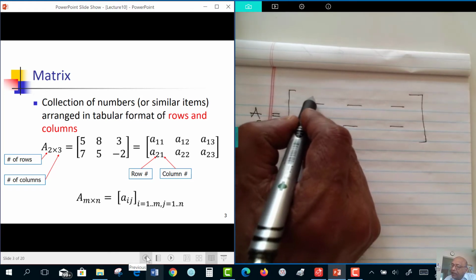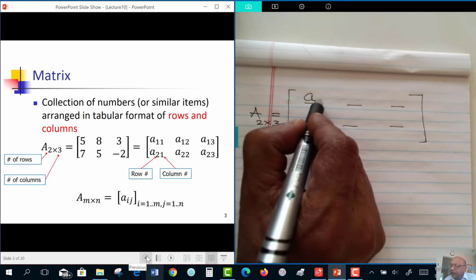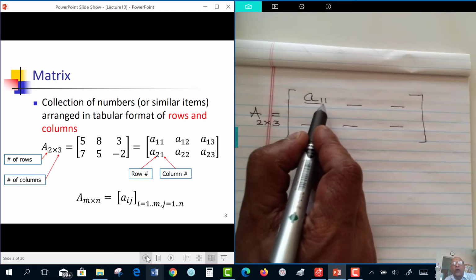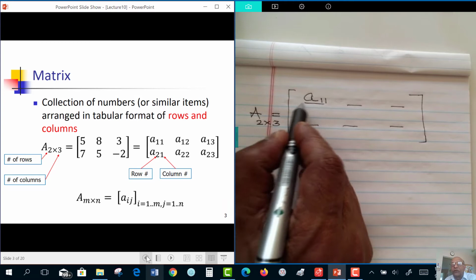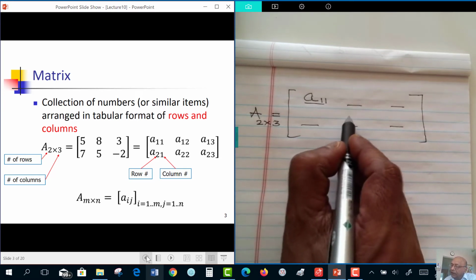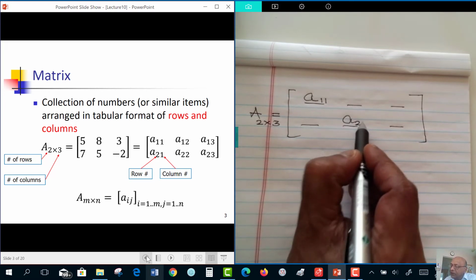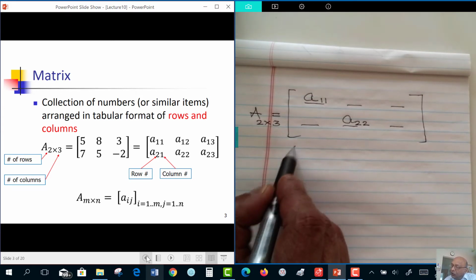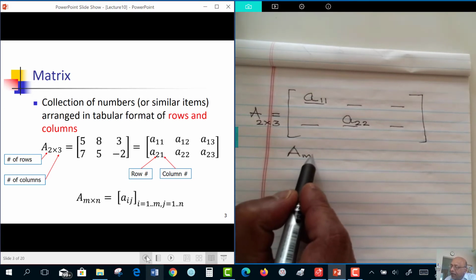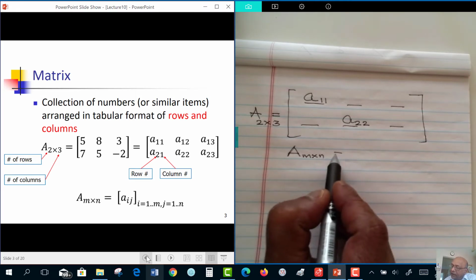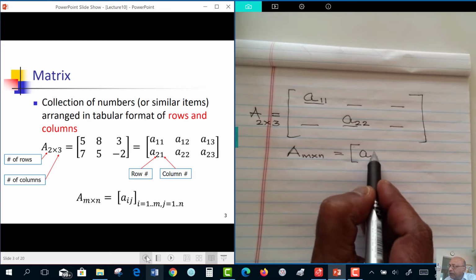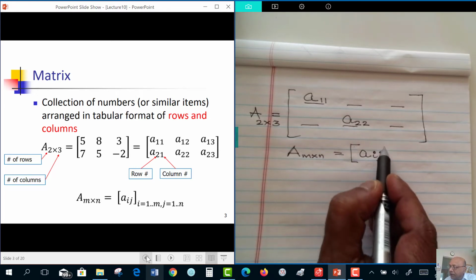And then we can identify each element of the matrix by its row and column number. So this is first row, first column. This is second row, second column, and so on and so forth. So a matrix A m by n is a collection of elements Aij.